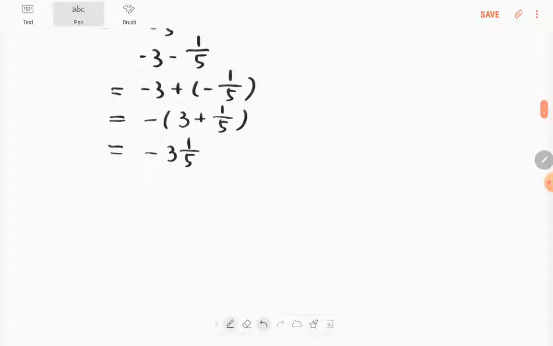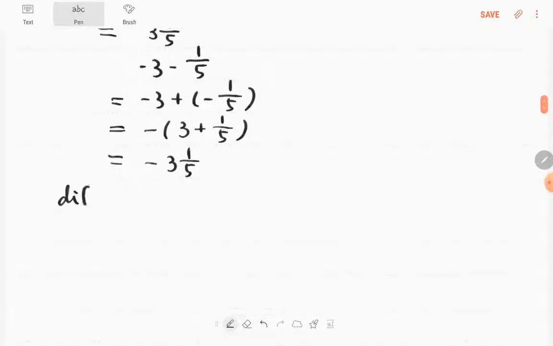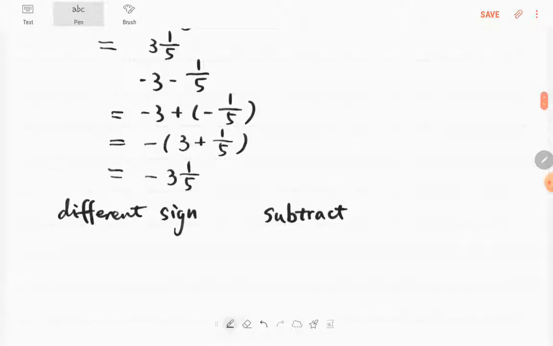The second situation will be different signs. If two numbers have different signs, this time we should do the subtraction, actually. We should subtract their absolute values.